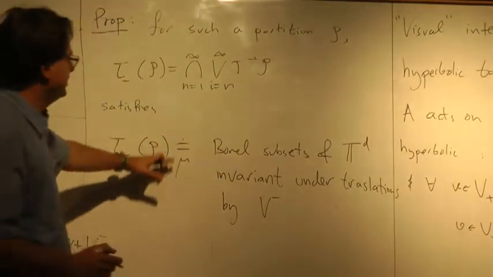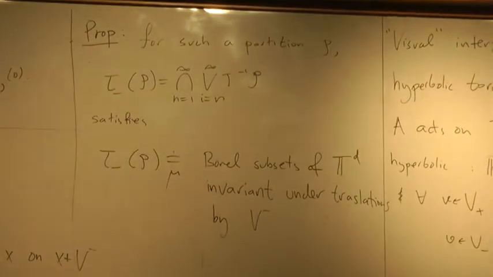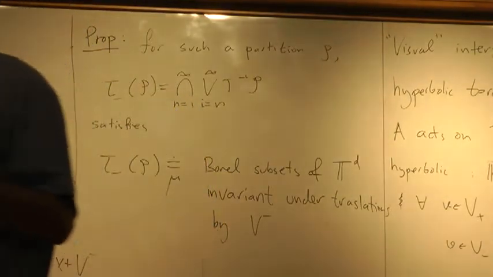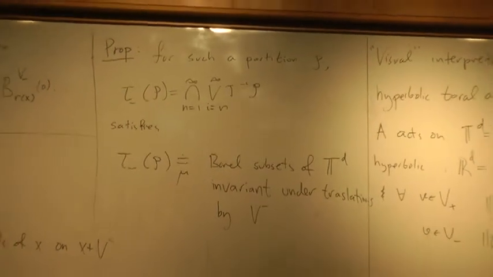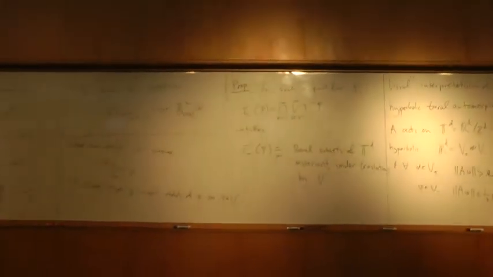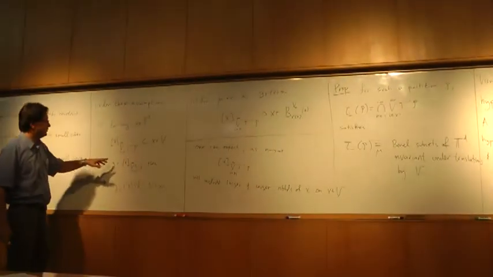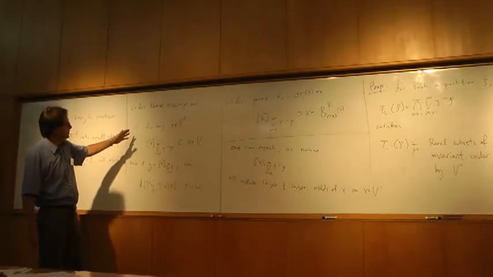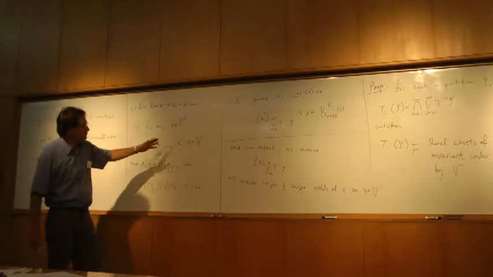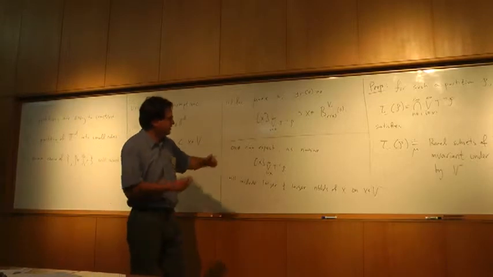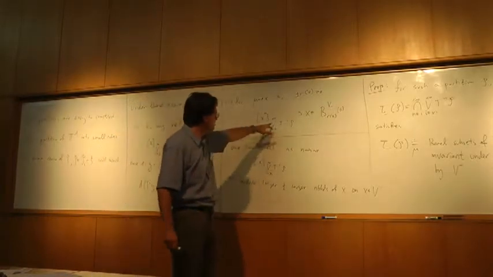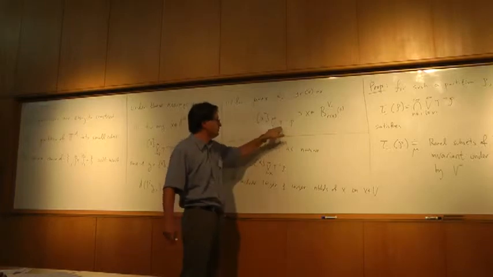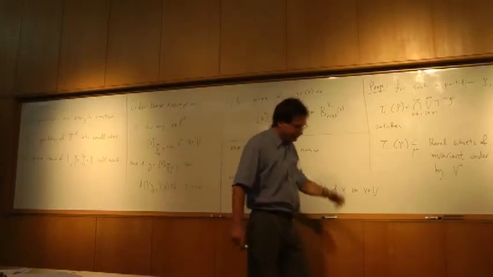Let me try to explain why this is plausible. Not prove it, but explain why this is plausible. Suppose I have some set measurable with respect to the sigma algebra T to the minus i P, i from 0 to infinity.